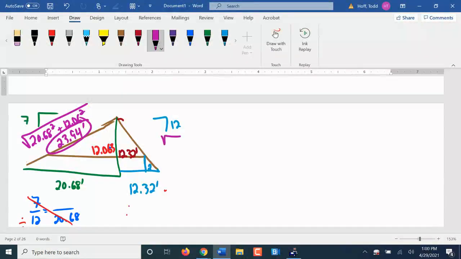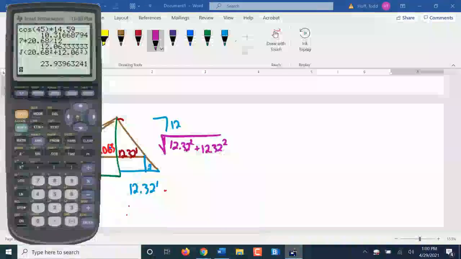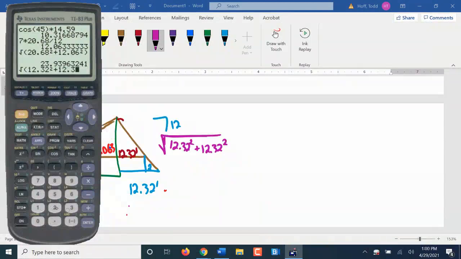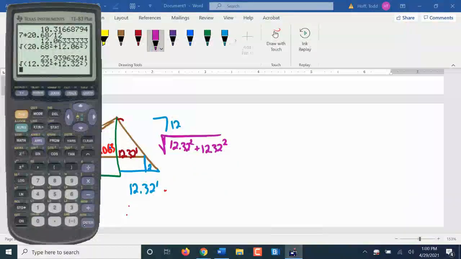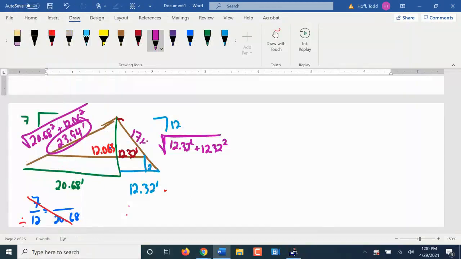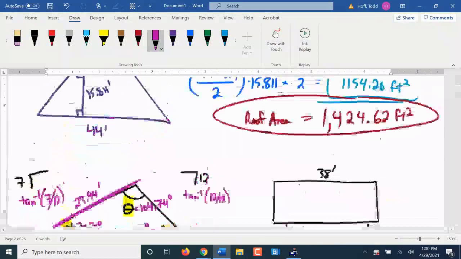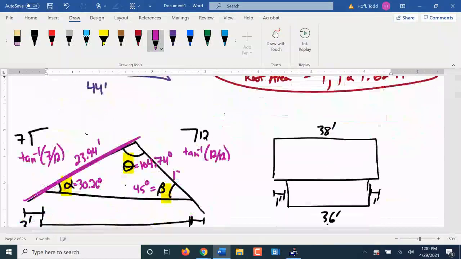And so this length here is the square root of 12.32 squared plus 12.32 squared. Here's 17.42 feet. So that means this roof slope here is 17.42 feet.